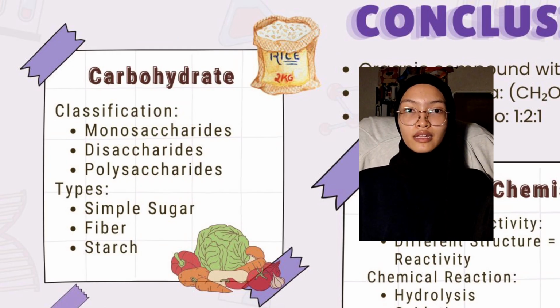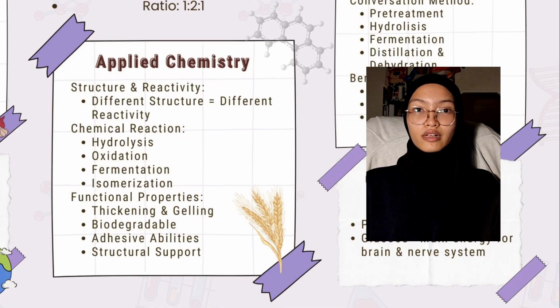They can be classified into monosaccharides, disaccharides, and polysaccharides, with types such as sugar for monosaccharides, fiber for disaccharides, and starch for polysaccharides. They undergo chemical reactions like hydrolysis, oxidation, fermentation, and isomerization.